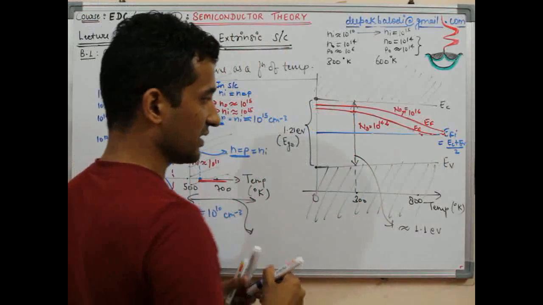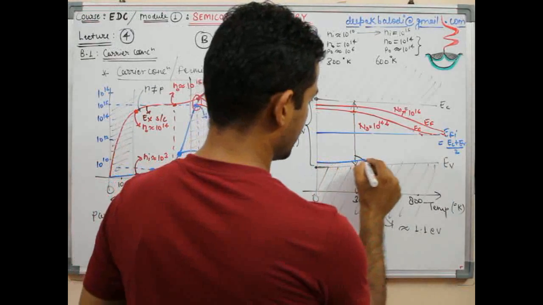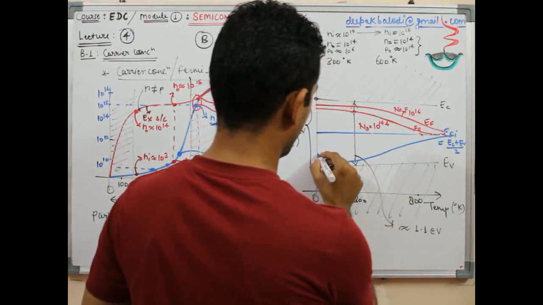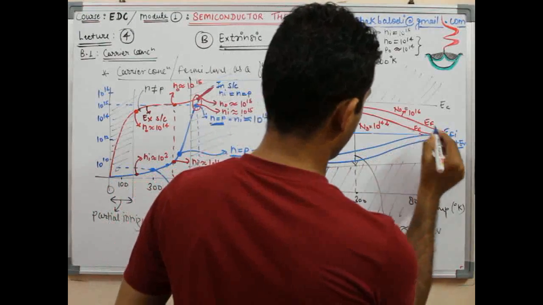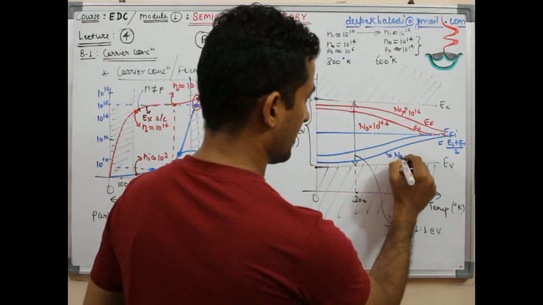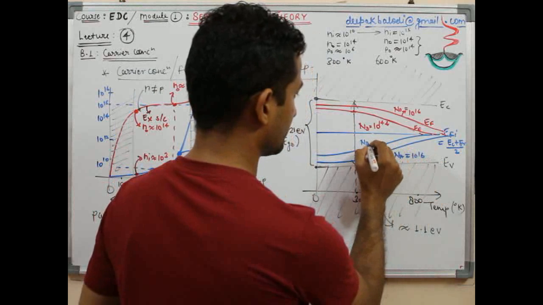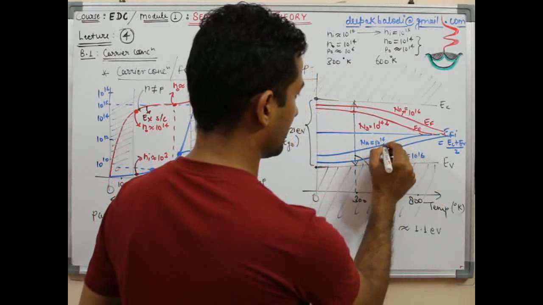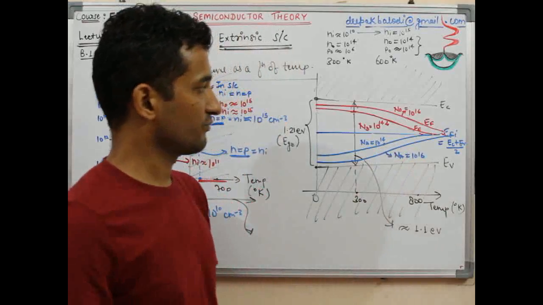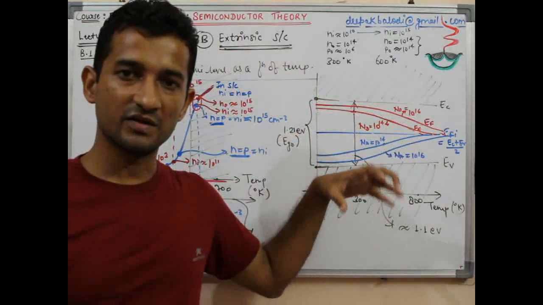Similarly, for P-type, for higher concentration it goes like this, for lower concentration it goes like this. So maybe this was for Na around 10 to the power 16 and this was for Na around 10 to the power 14. So this is the Fermi level variation with respect to temperature.